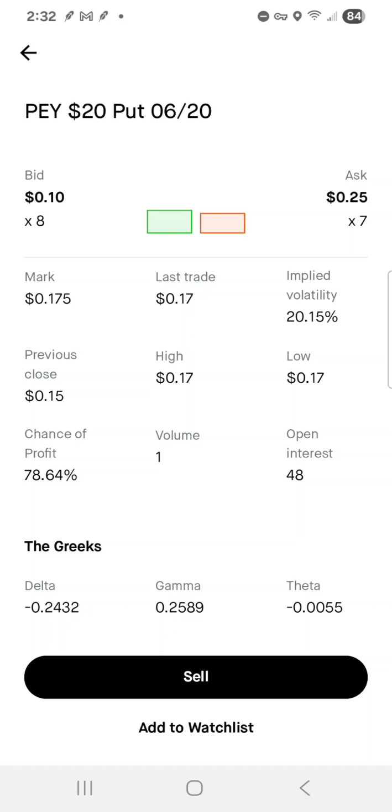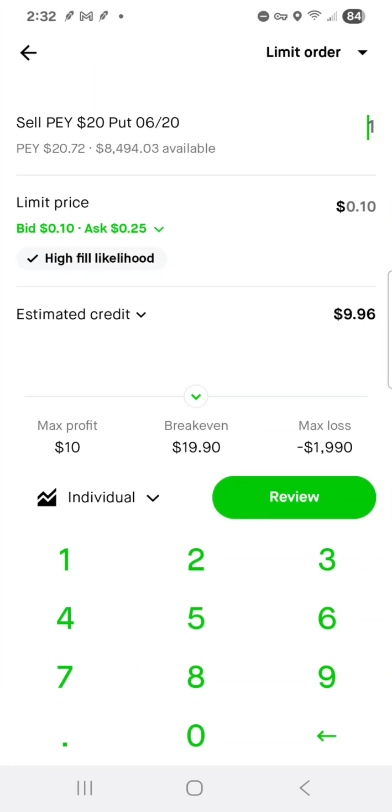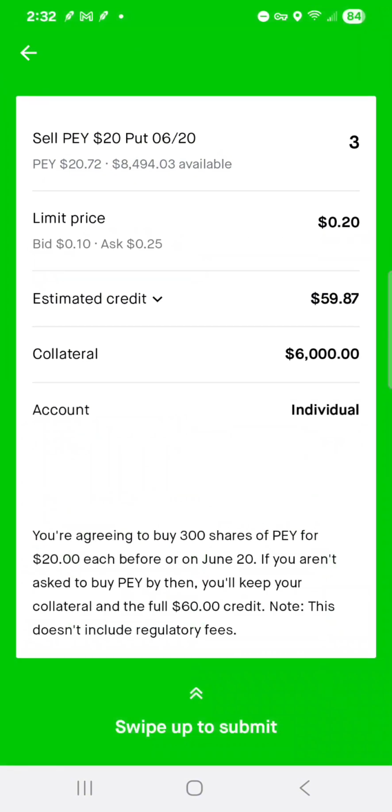Yeah, okay. Why not? Let's do a few on this one. I don't know. Let's try 0.20. Medium fill likelihood. Click review. Yeah, okay.